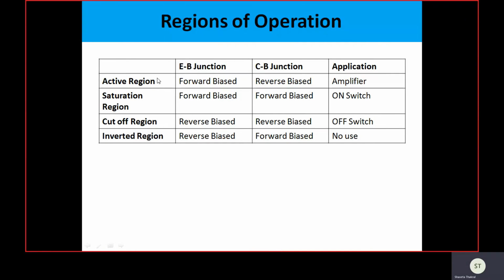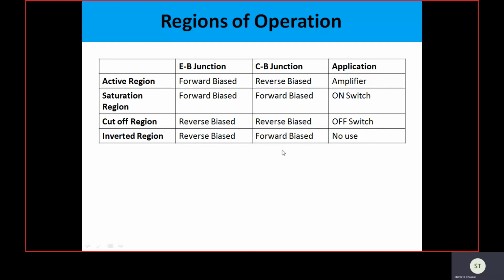In the active region, the EB junction is forward biased and the CB junction is reverse biased. In the saturation region, both junctions are forward biased, and in the cutoff region, both junctions are reverse biased. The inverted region is the inverse of the active region, in which the EB junction is reverse biased and the CB junction is forward biased.